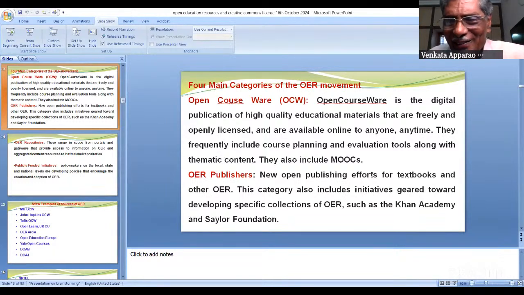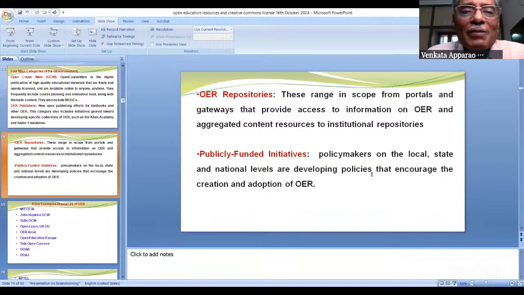You know very well the contribution of Khan Academy in the field of education, even +2 and higher. Even in school education it is contributing excellently, and Saylor Foundation. So whatever publications of Khan Academy and Saylor Foundation, they come under OER publishers. That is the second category. Online courses, that is the first category. Publishers, second category.